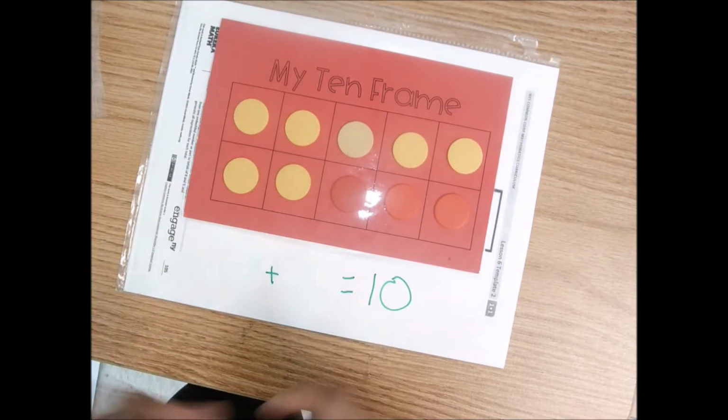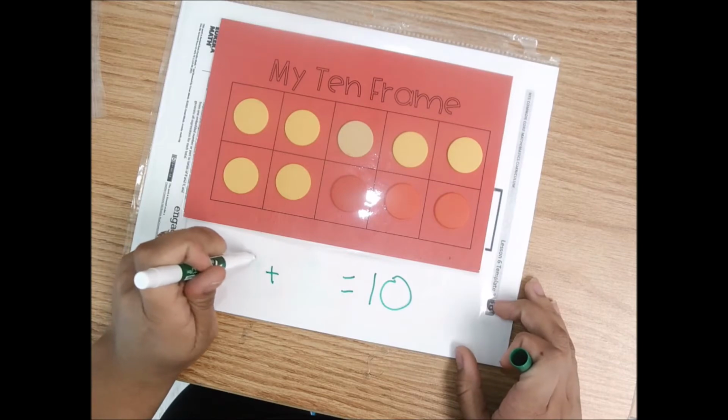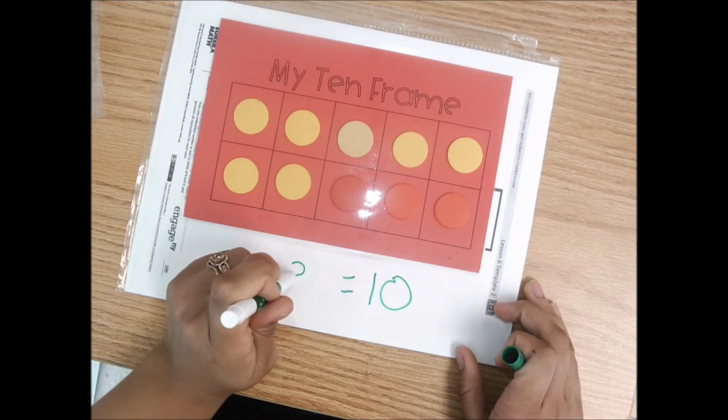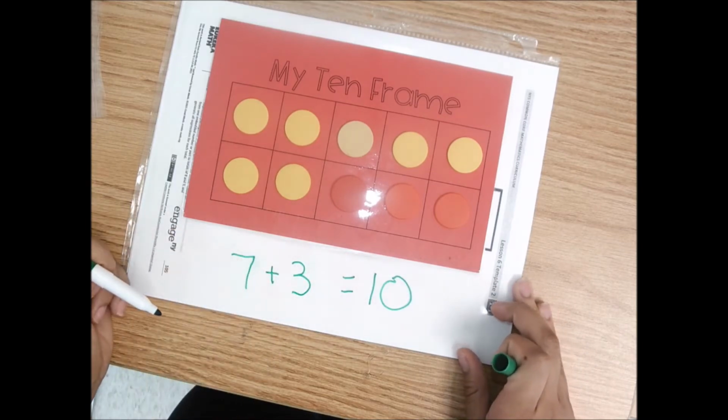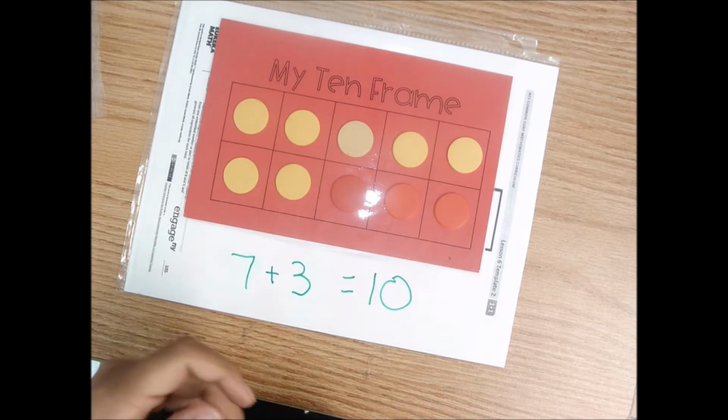Now we have 7 yellow and 3 red, as you see here.